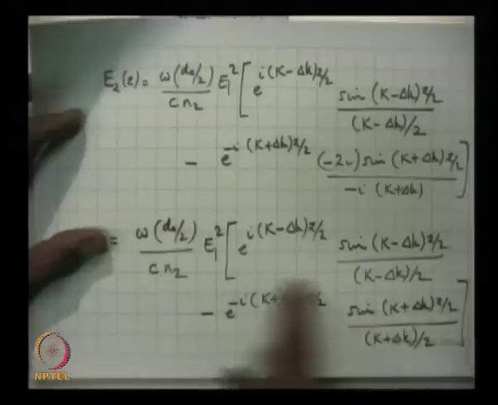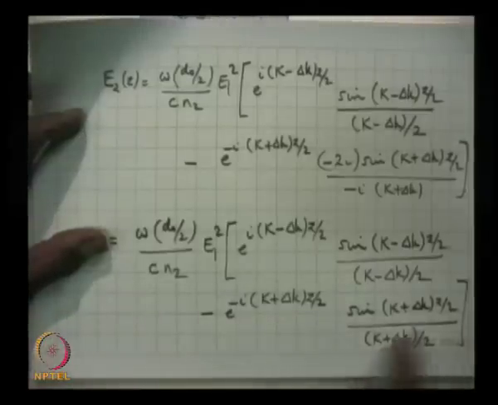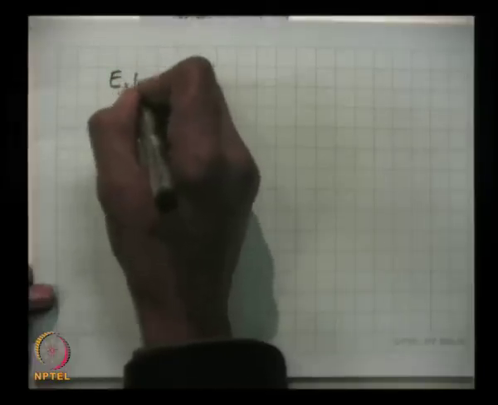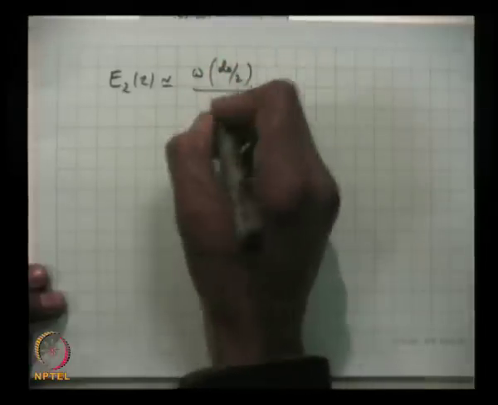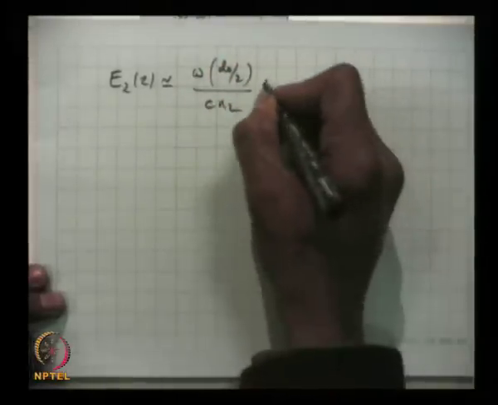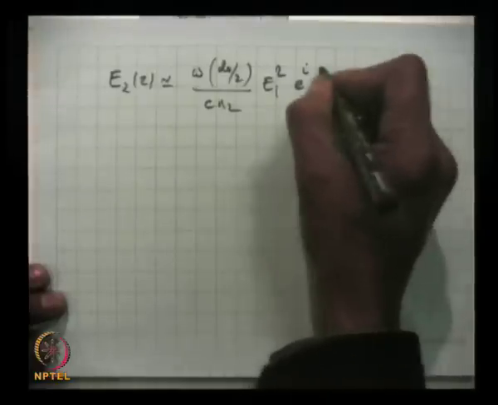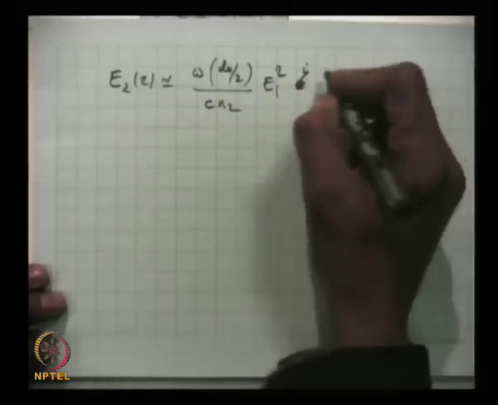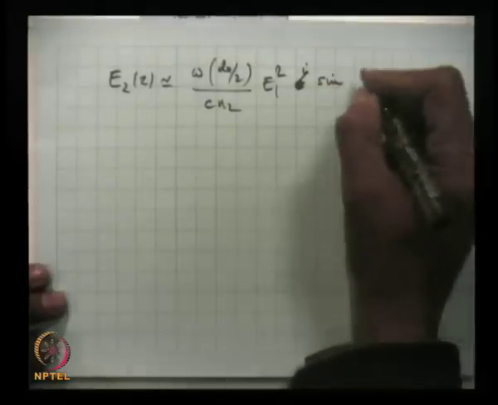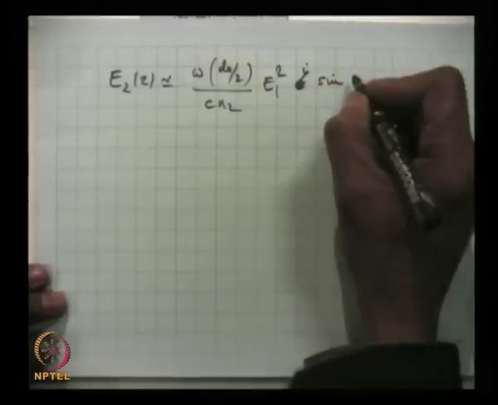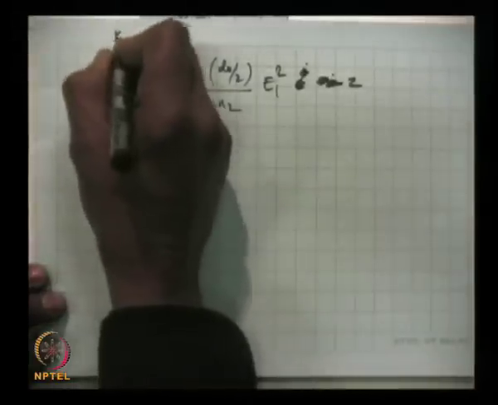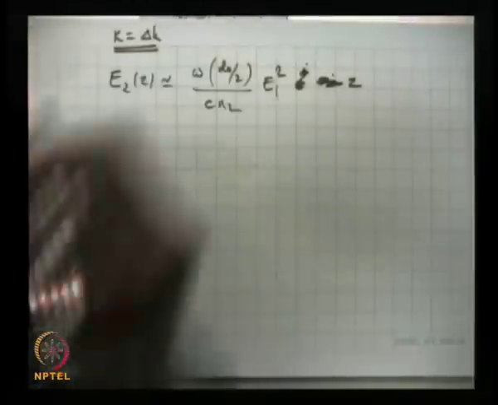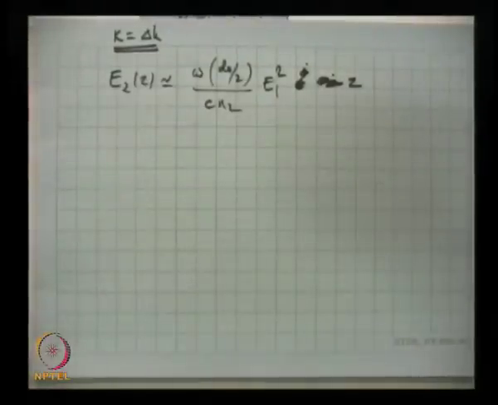Then I can forget about the second term, saying that this will be very small, and E2 of z will be approximately given by omega times d0 by 2 by c times n2 E1 square exponential i, okay, K is equal to delta k, so that goes off, no, this is simply z. So, I am assuming K is equal to delta k.